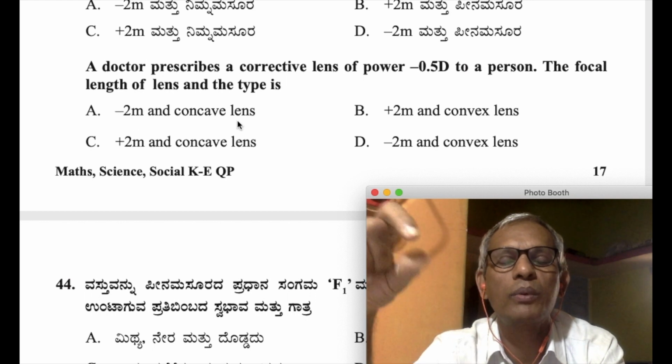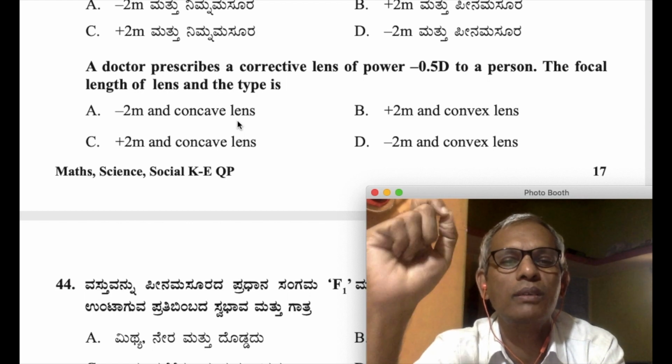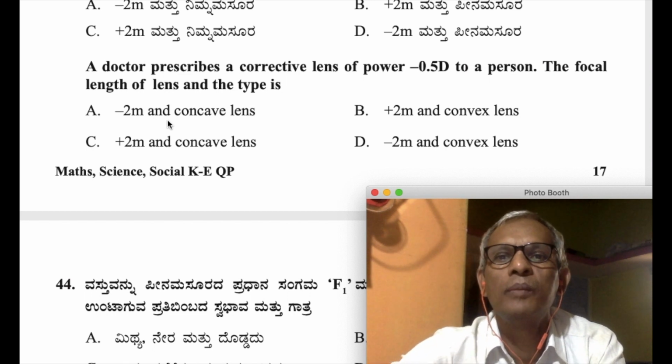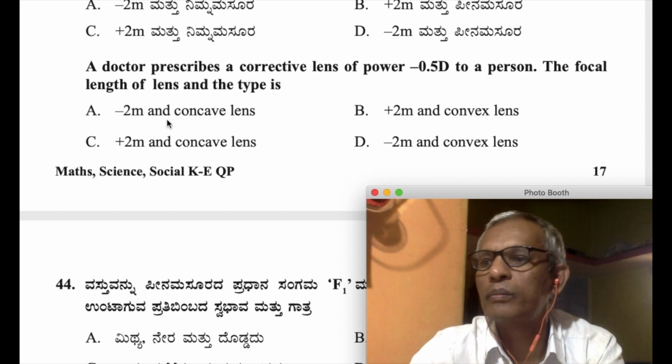The doctor provides a concave lens so that the image will form directly on the person's retina. So the answer is minus 2 meter, concave lens.